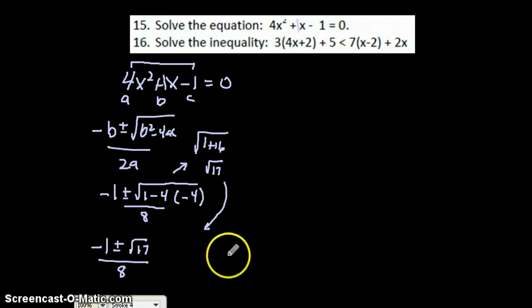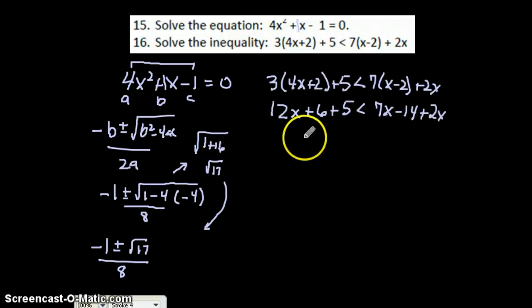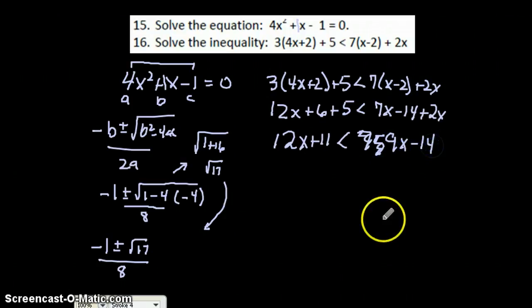Okay? All right, let's look at this other problem. Okay, so if you notice here, I took the problem and I copied the problem, and then I distributed the terms there on the outside to the items inside the parenthesis. Now let's clean it up. Here I have 12x plus 11, and here I have 9x minus 14.